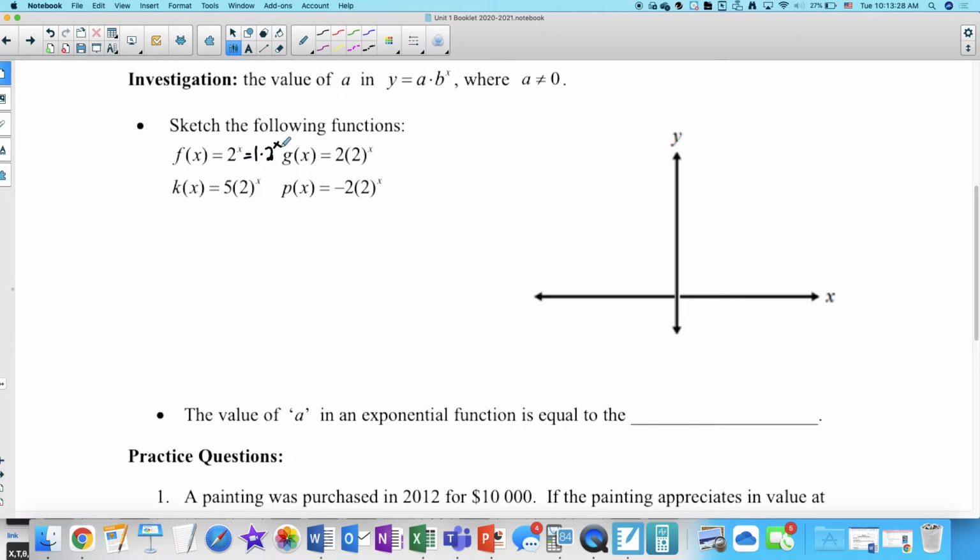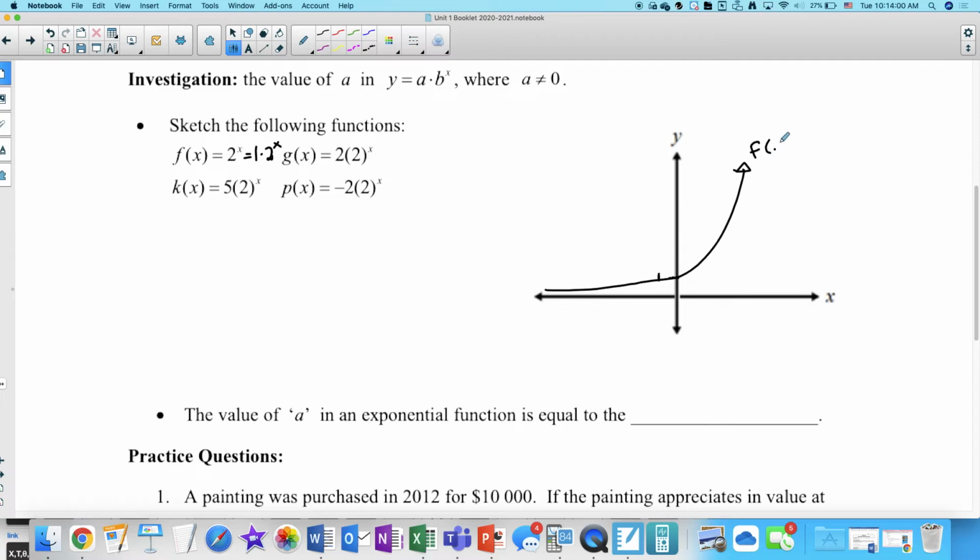The base is 2. If the base is 2, is the function going to increase or decrease? It's going to increase, exactly. What is the y-intercept going to be for this first one? 1, yeah. So here's 1, and this is what f of x is going to look like.